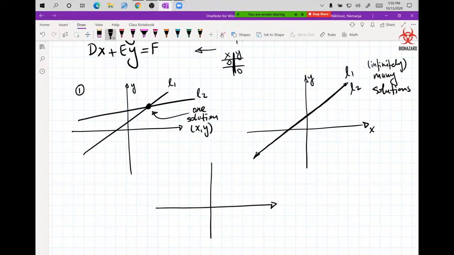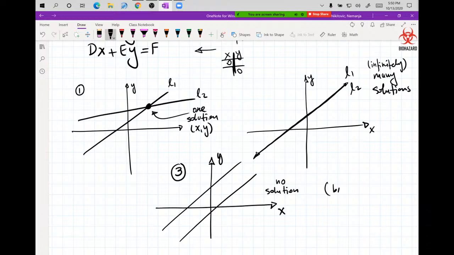And finally, the third case, when the two lines are parallel, they never intersect, which means no solution. So if you have two parallel lines like this, we say no solution in case 3.